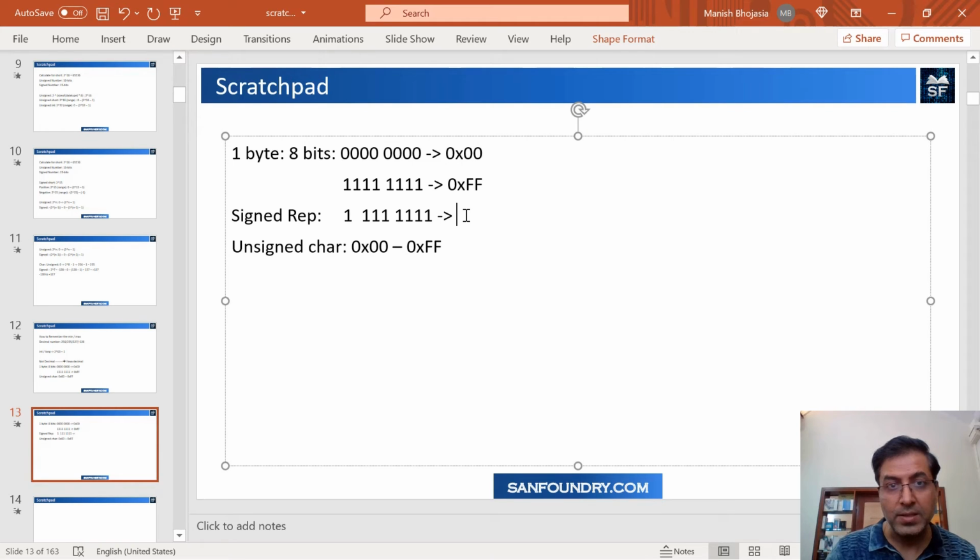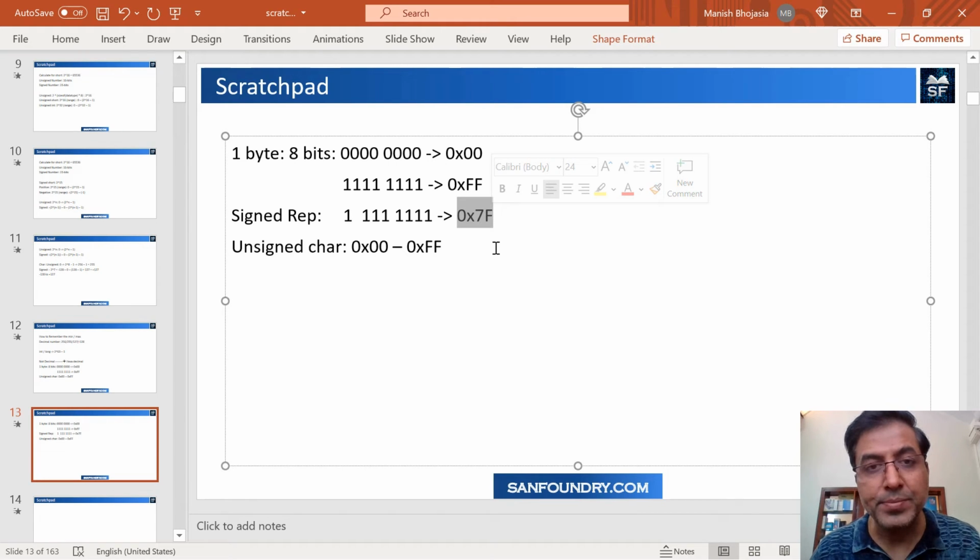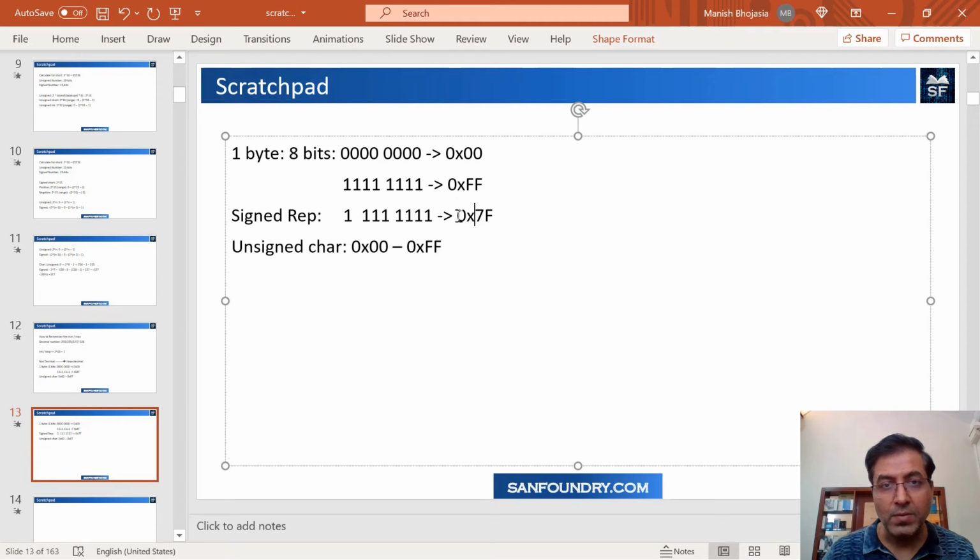So this number is 7 and this is F. So in the world of signed representations, what you really see is a range which is nothing but 0 to 7F, right? So this is the maximum possible value that you see in this case. So the range is like this.